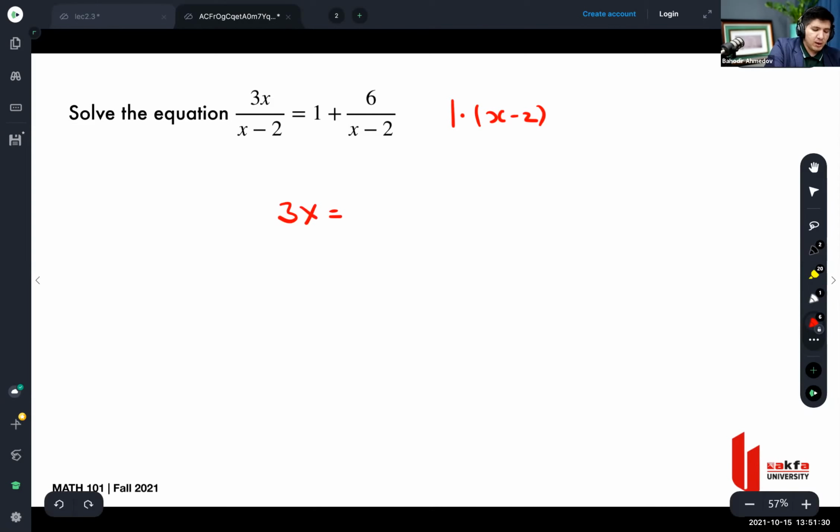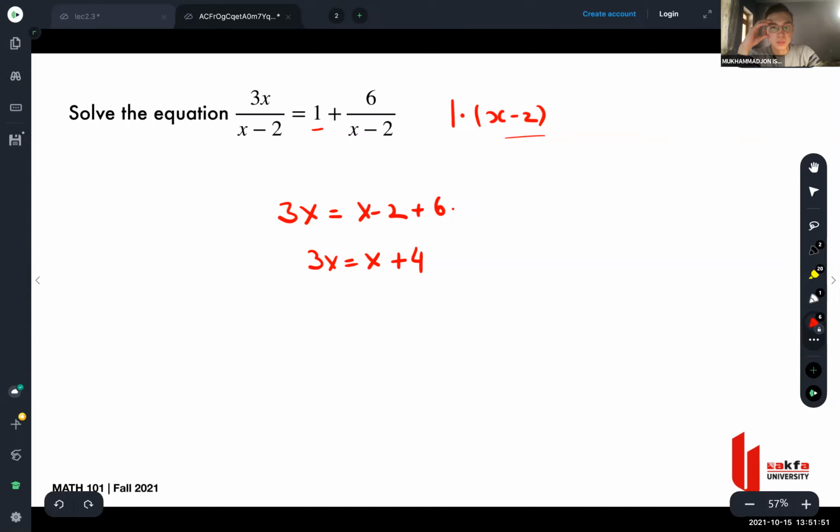On the other side, I will have 1 times x minus 2, so it's going to be x minus 2, plus 6 times simply 6, because x minus 2 and x minus 2 are going to cancel out. And I will have 3x equal to x plus 4.